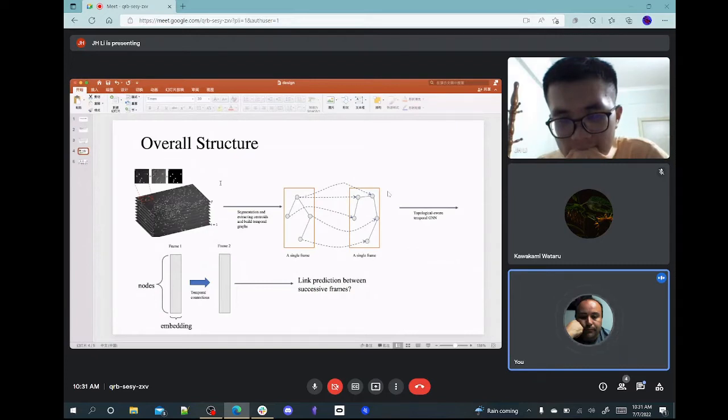You haven't implemented it yet, so we'll see how well it works, but I think I understand what you're doing. You're basically taking information from one frame and applying it to another frame, passing a message about what was and what's in the next frame, and then you keep doing that across the different frames.